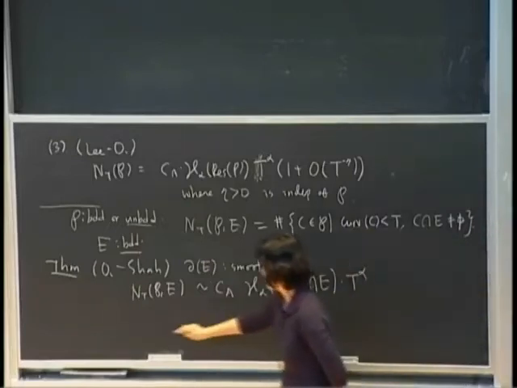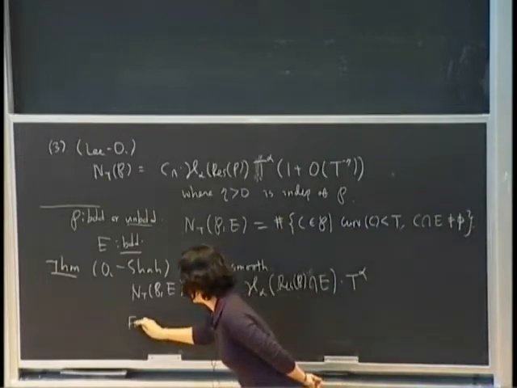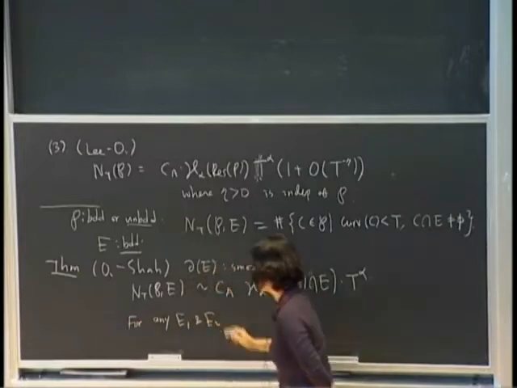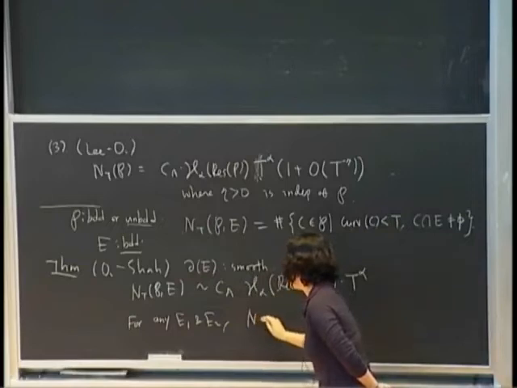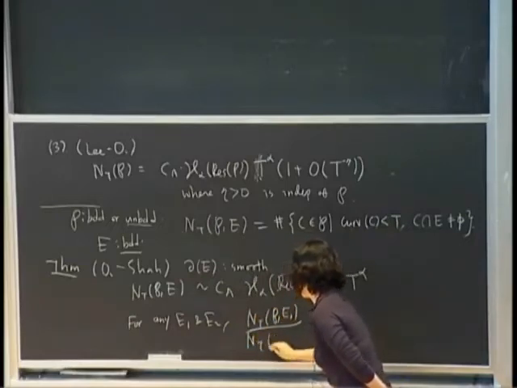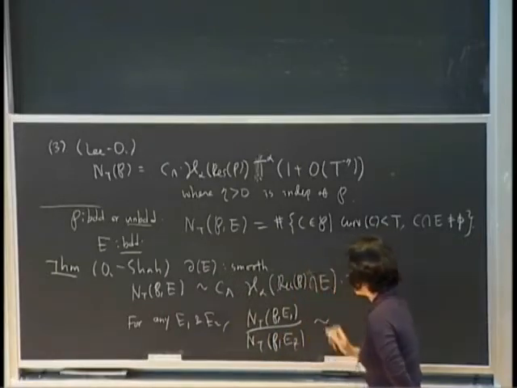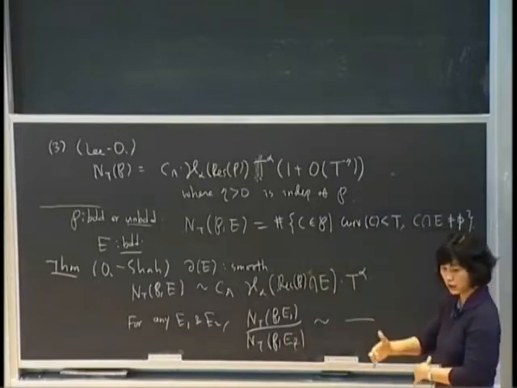So in particular, of course, an easy consequence of this result is that for any E1, E2, again bounded regions with smooth boundaries, if you look at the ratio of the two counting functions restricted to E1 and E2, then its ratio is asymptotic to exactly the ratio of the Hausdorff measures of E1 and E2.